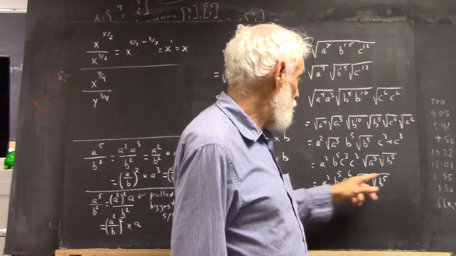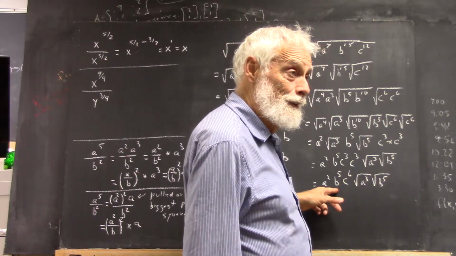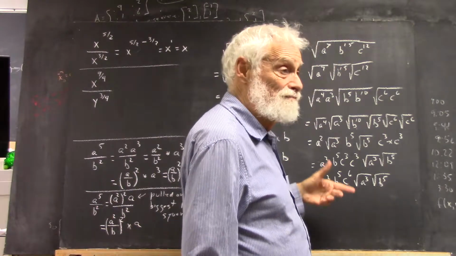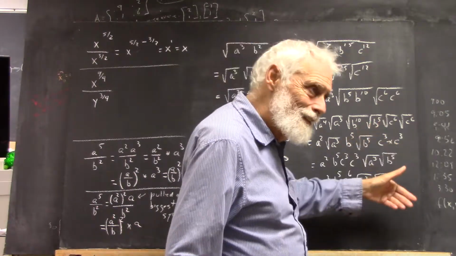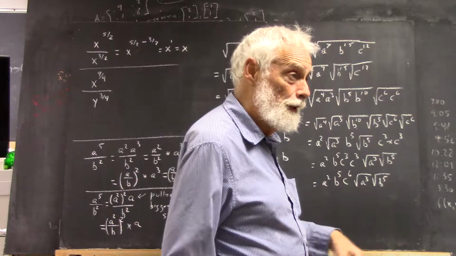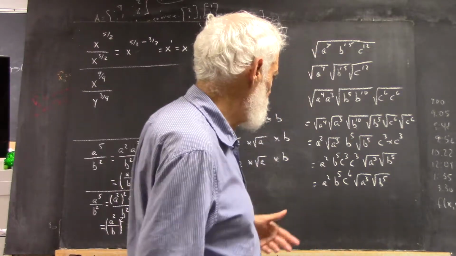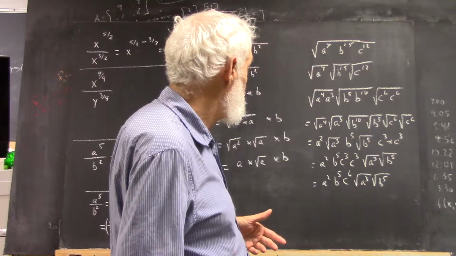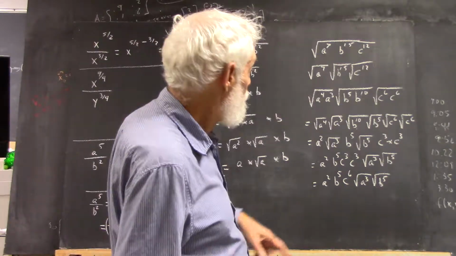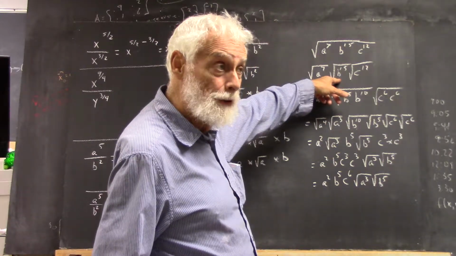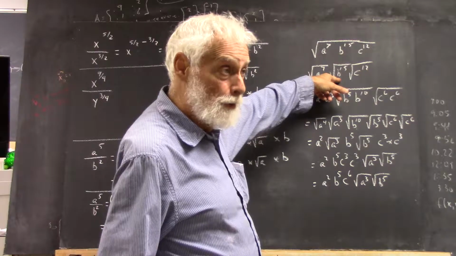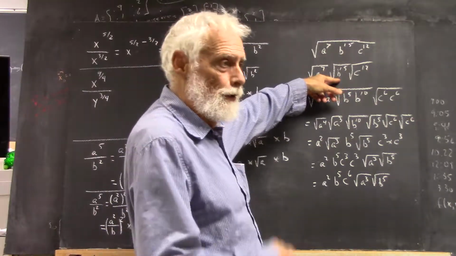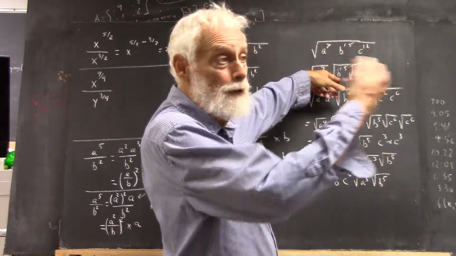So b to the 5 halves times a b to the 5th is a b to the 10 halves plus 5 halves, b to the 15 halves, right? Yes. There's something wrong with that. No it isn't, because that's what you have, b to the 15 halves here, right? Mm-hmm. The square root of b to the 15th is b to the 15th to the 1/2, which is b to the 15 halves.